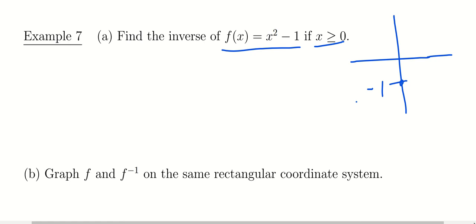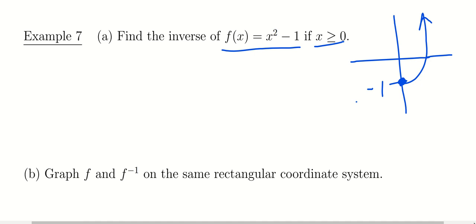Here's -1. And we have just the right half of the curve. This little piece would pass the horizontal line test, which means that this part should have an inverse.